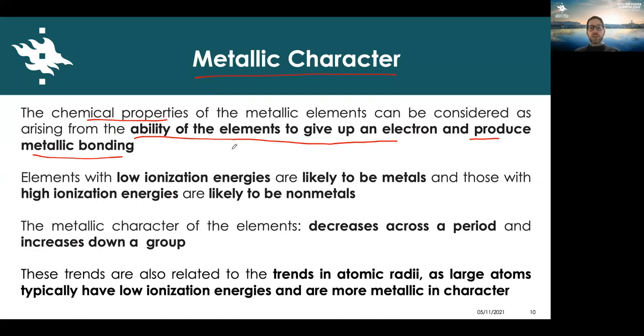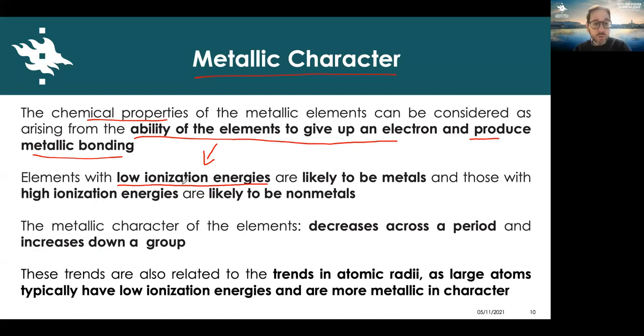Therefore, if this arises from the ability of the elements to give up an electron and produce metallic bonding, this means that elements that have low ionization energies, because the ionization energy is the energy required to remove the outermost electron bound to an atom, will have a good ability to give up an electron to produce metallic bonding.